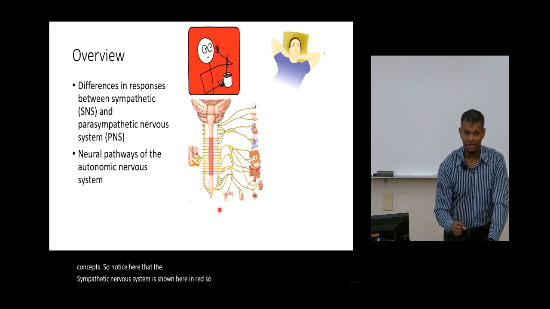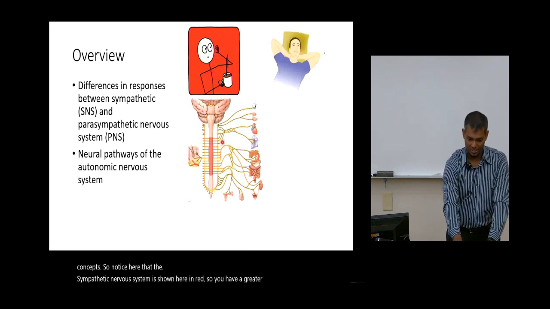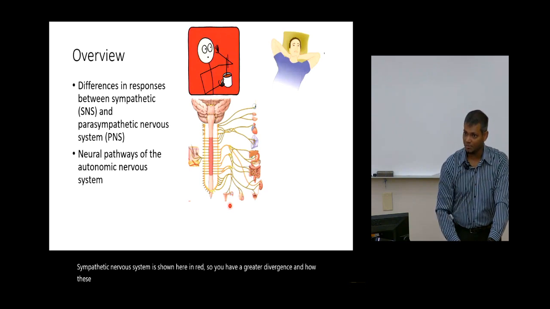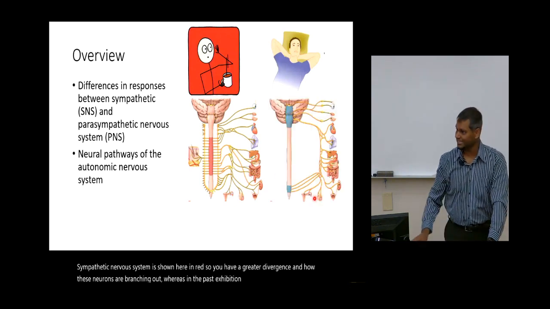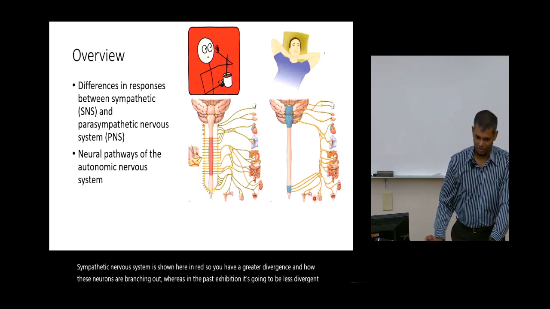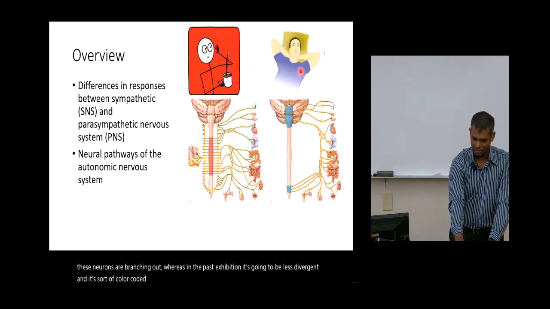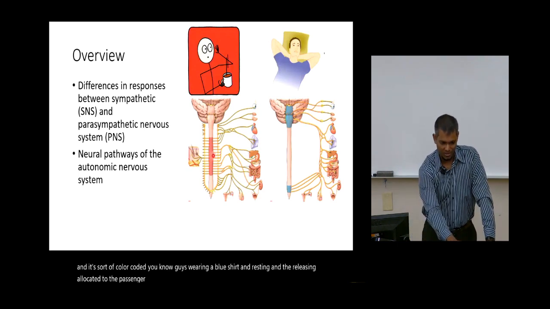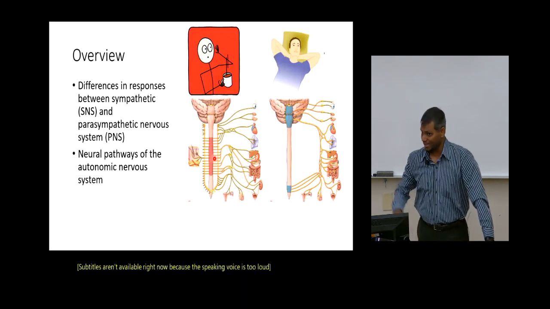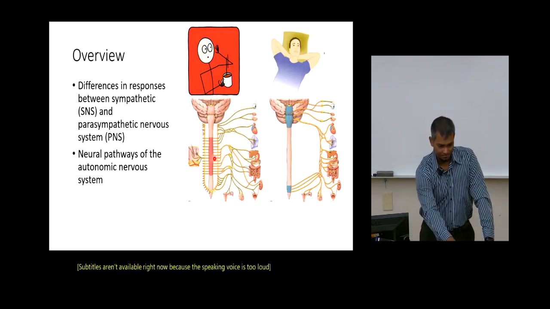You have a greater divergence in how these neurons are branching off, whereas in the parasympathetic division it's going to be less divergent. And it's sort of color coded. This guy's wearing a blue shirt and resting in the region allocated to the parasympathetic nervous system, shown here in blue, and the part allocated to the sympathetic system is shown in red.